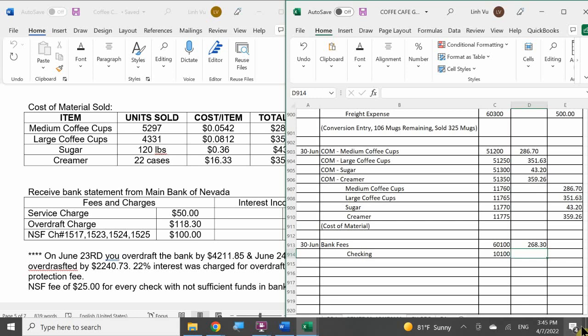We don't have to pay, they took it out of our checking account already. So it's 268.30.